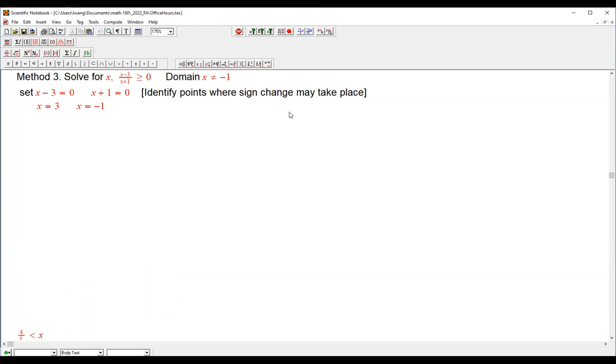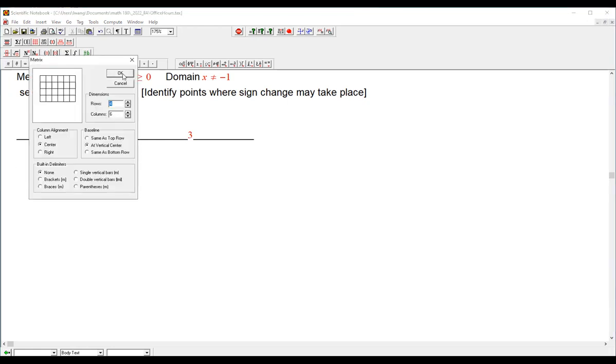So we want to identify points where sign changes take place, and eventually we have identified 2 numbers. One is -1, the other one is +3. There could be sign changes.